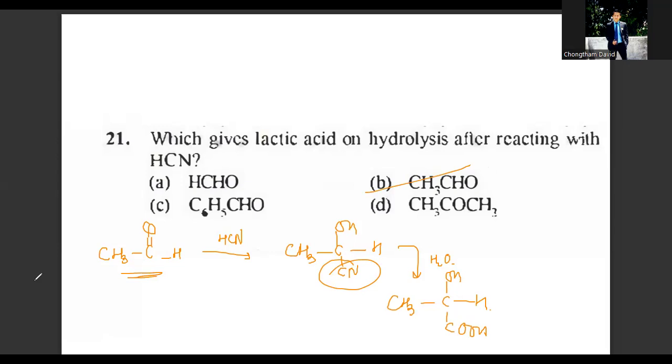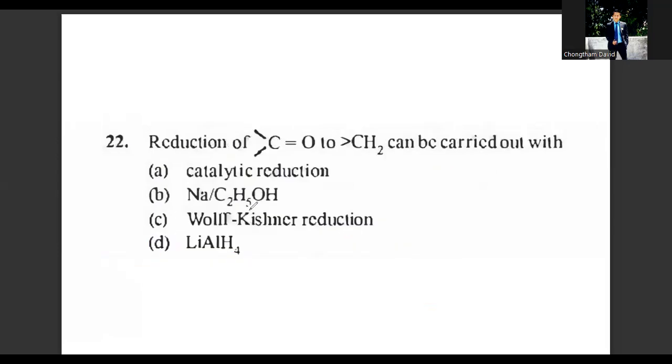Question number 22, let's see. Reduction of this carbonyl compound to alkane can be carried out with the help of which of the following? So the carbonyl carbon is present here.